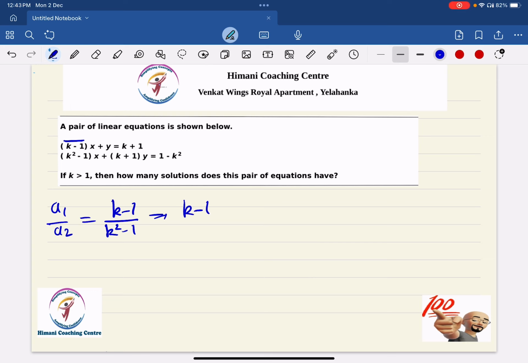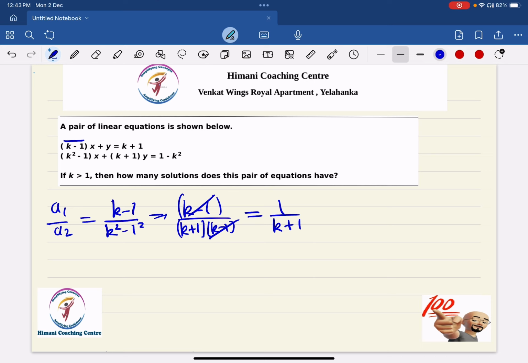So k minus 1 over k square minus 1, which can be written as k square minus 1 square. Now a square minus b square is (a plus b) into (a minus b). So we get (k plus 1) into (k minus 1), and these two cancel each other. So a1 by a2 is 1 over k plus 1.